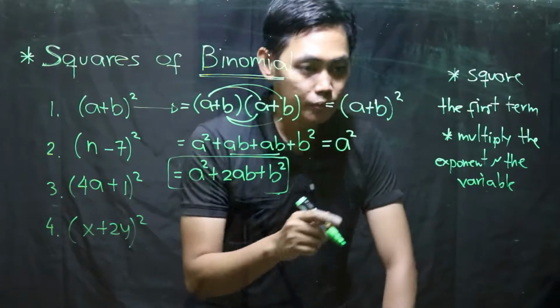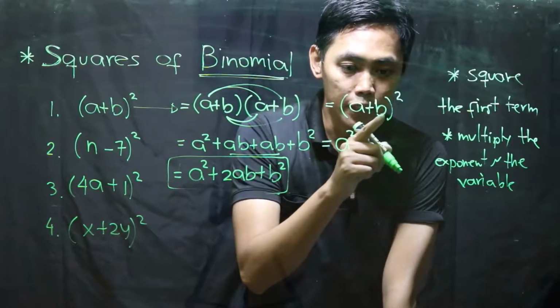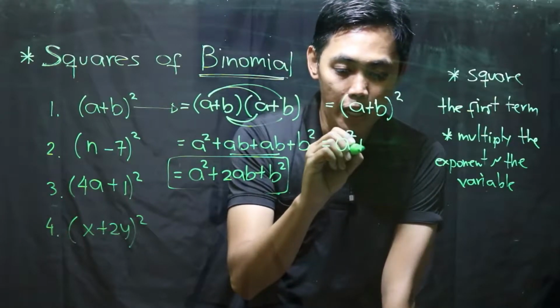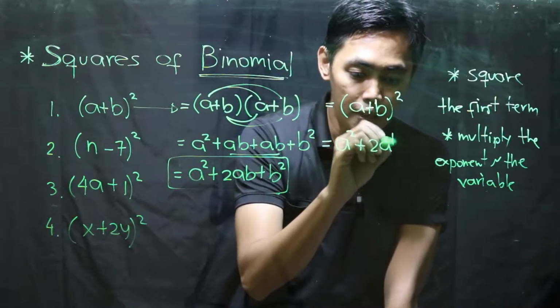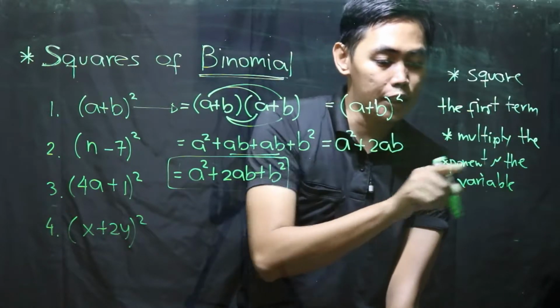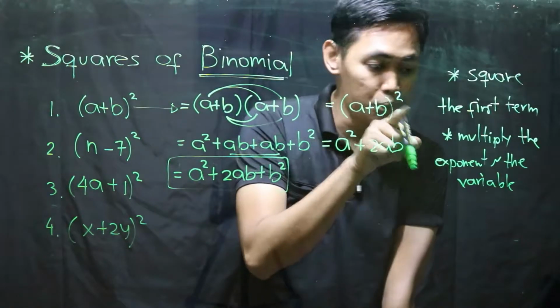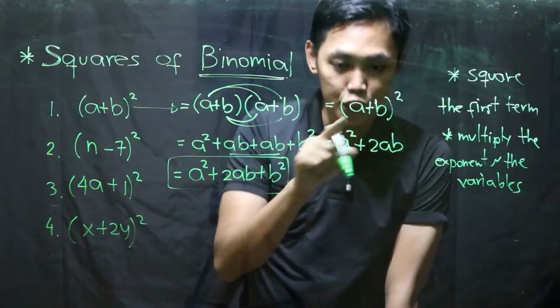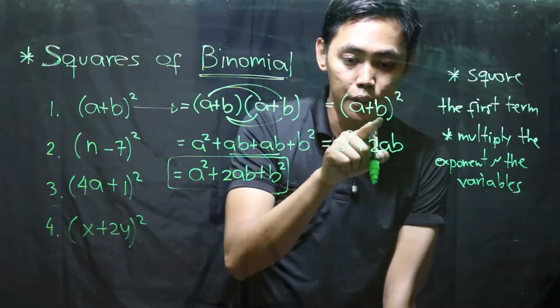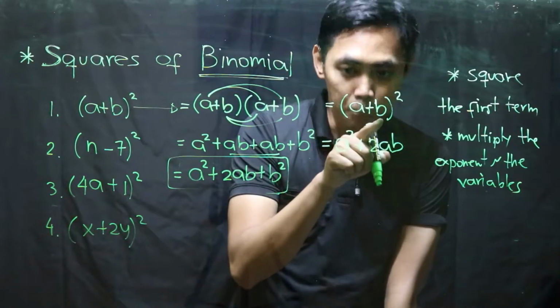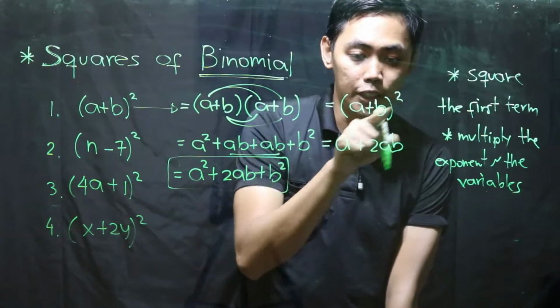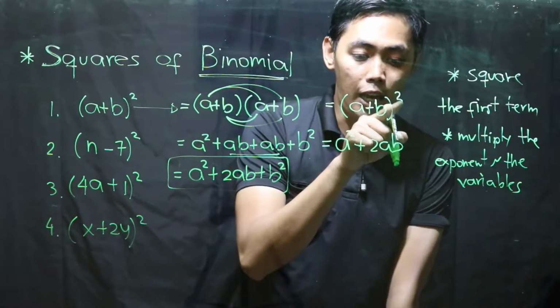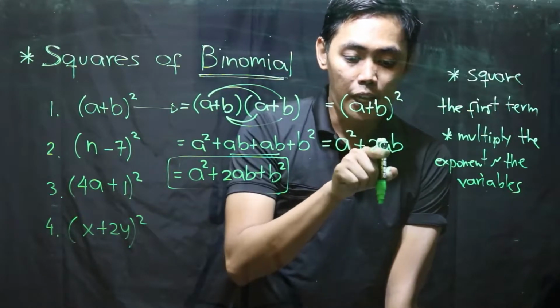So 2 times b times a, we have 2ab. So multiply the exponent, which is 2, and the variables, which are a and b. Or if one of them is a number, then 2 times the number times the variable. So in this case, we have the answer of 2ab.